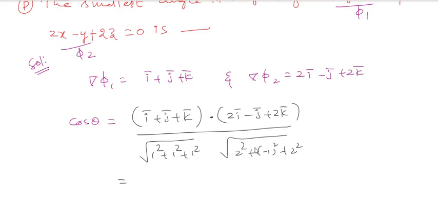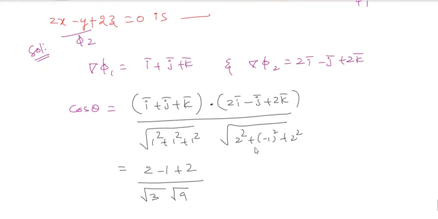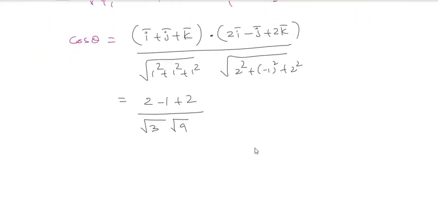Which is 2 minus 1 plus 2 divided by root 3 into root of 4 plus 4 is 8, plus 1 is 9. So this will be 3 divided by root 9, which is 3, so 3 root 3 will be there. So these two will get cancelled.